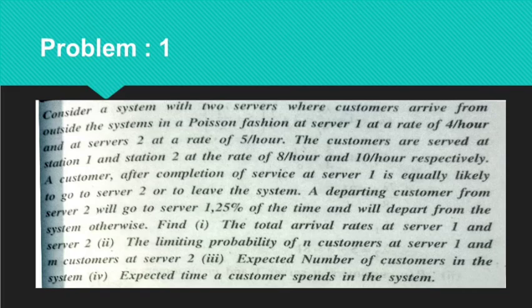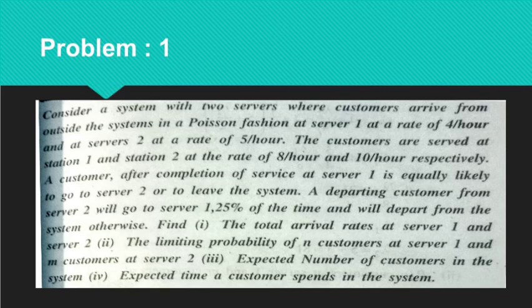A customer after completion of service at server 1 is equally likely to go to server 2 or to leave the system. So here P12, that is the probability that customers leave server 1 and go to server 2, and from server 1 to go out, is given as equally.